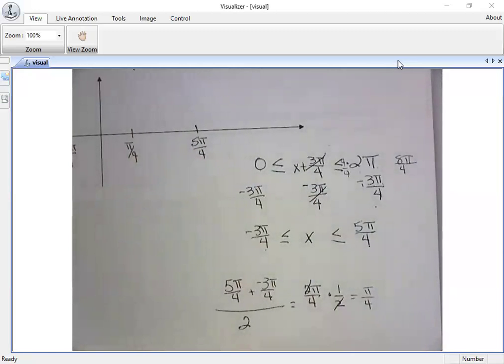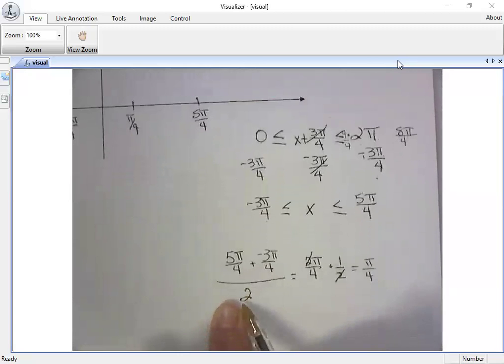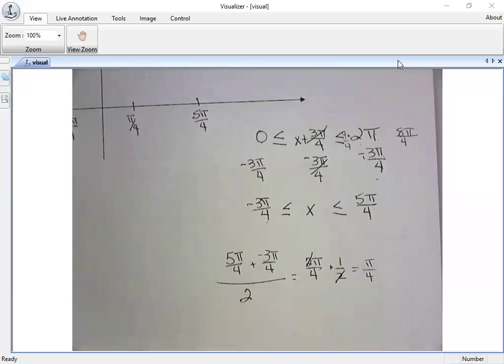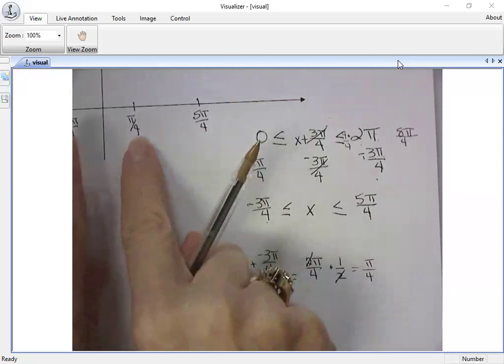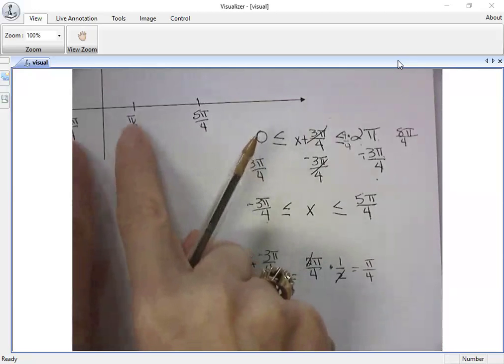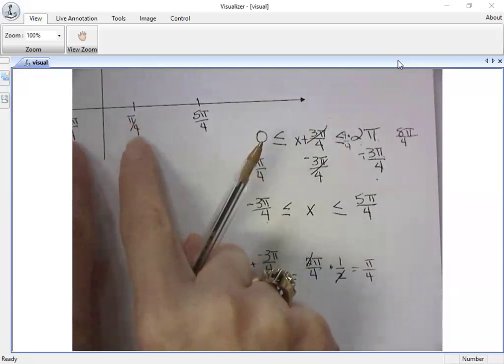Remember, to get the midpoint, you add the 2 together and divide by 2. So when I'm dividing by 2, that's the same thing as multiplying by the reciprocal, which is 1/2. Okay? All right. Can you figure out which point would be halfway between negative 3 pi over 4 and positive pi over 4?